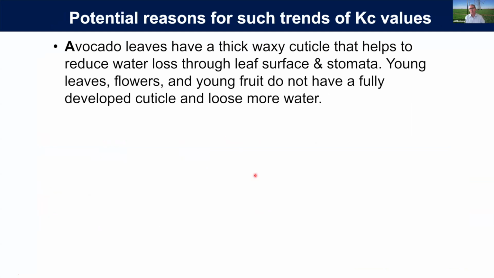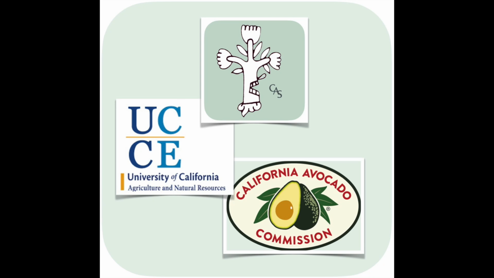So this is our best explanation for these changes. Avocado leaves have a very thick waxy cuticle that helps reduce water loss from the leaf surface and stomata.